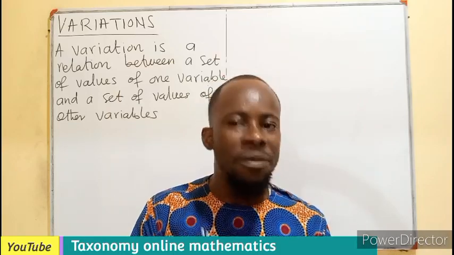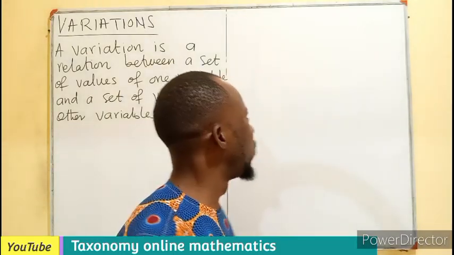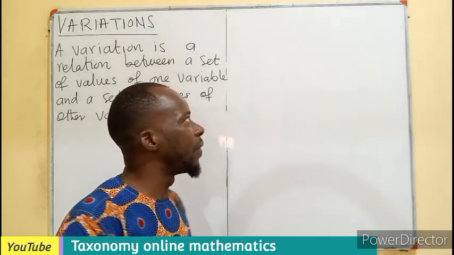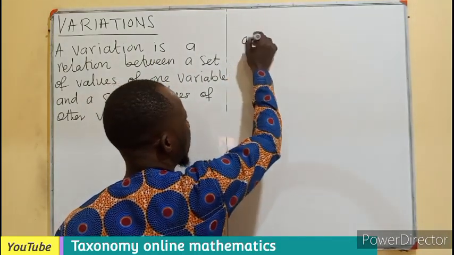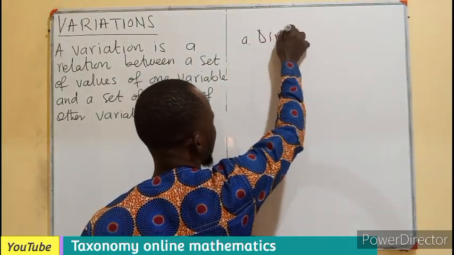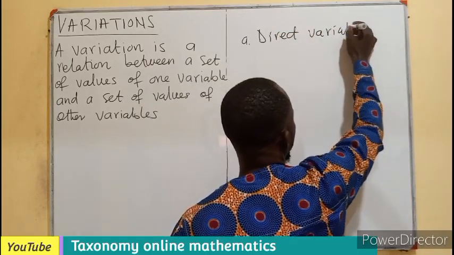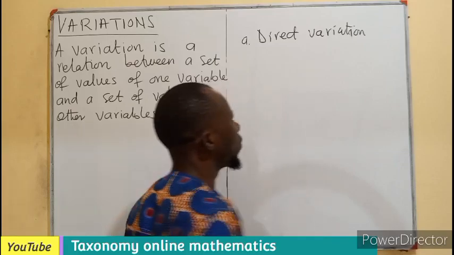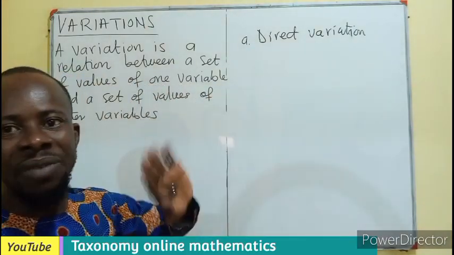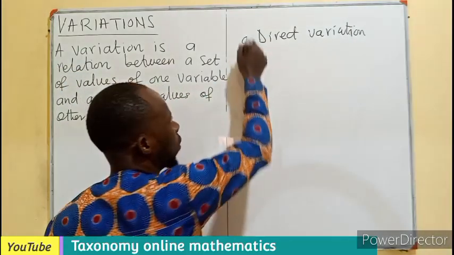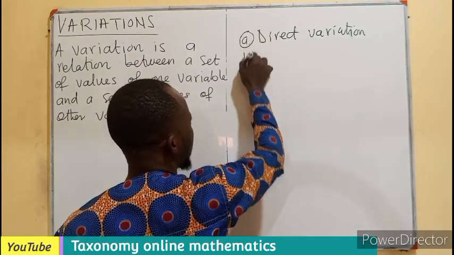Now we have different forms of variations, which could mean the types of variations. We can consider a direct variation, or we also call it direct proportion.